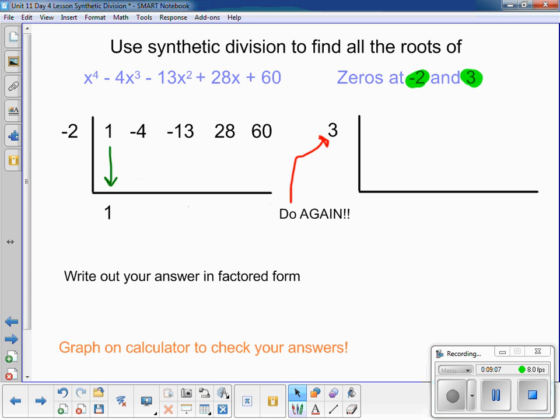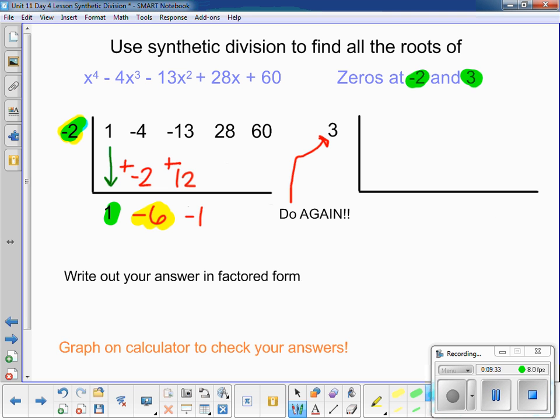And I get the 1. Now I start my multiplication. Negative 2 times 1 is negative 2. And I'm always adding, so that's negative 6. And then I got negative 2 times negative 6, which is 12. And again, I'm always adding, so I get negative 1.